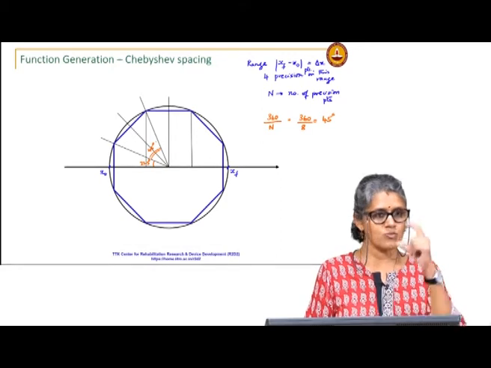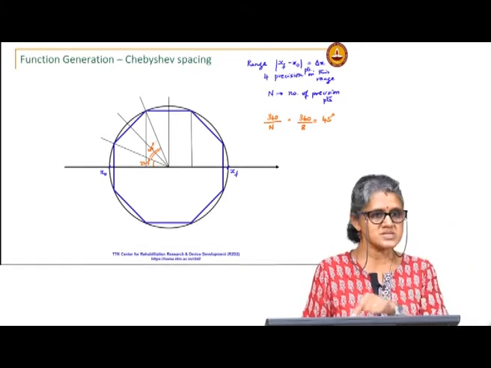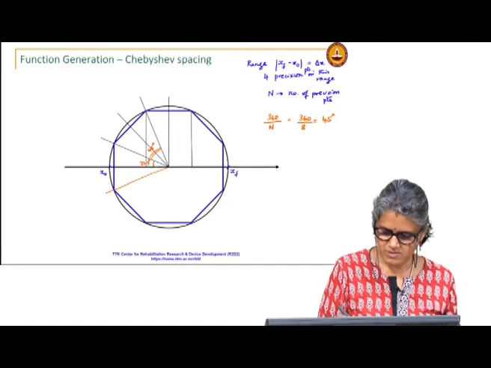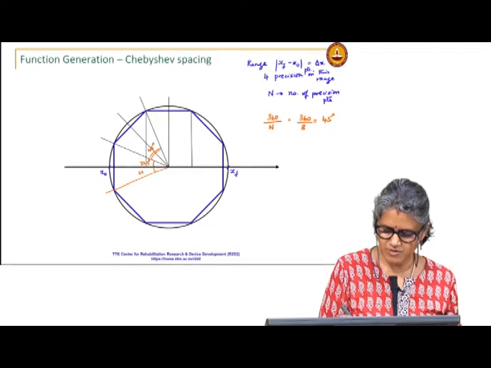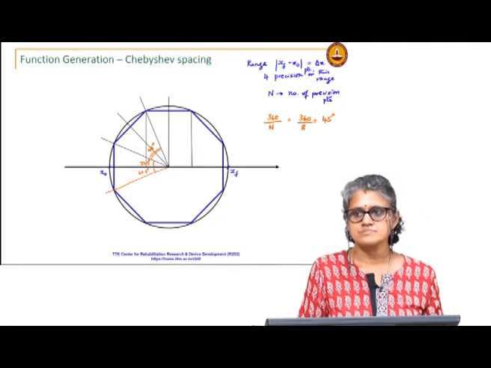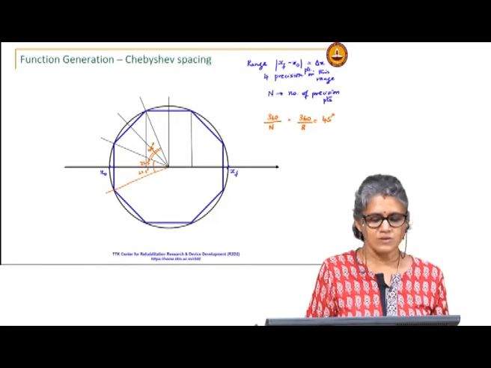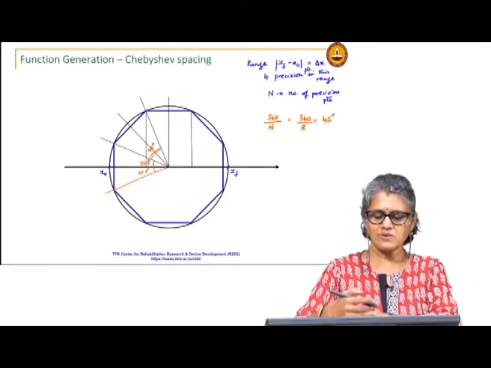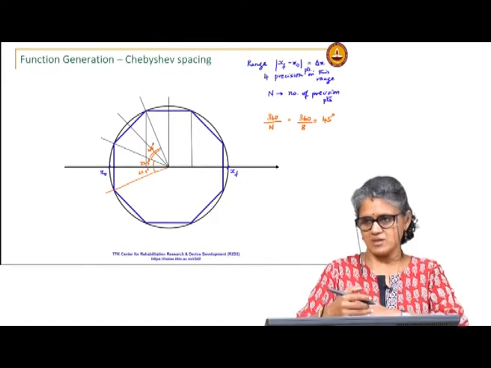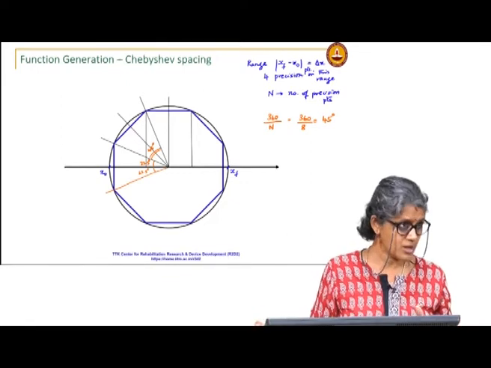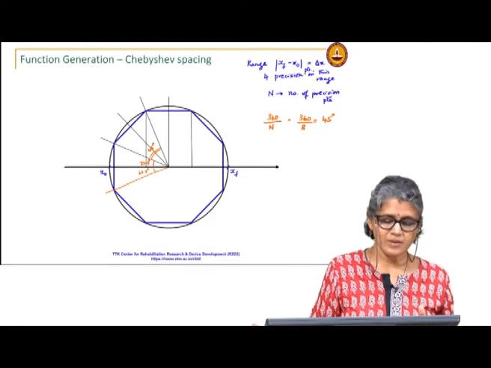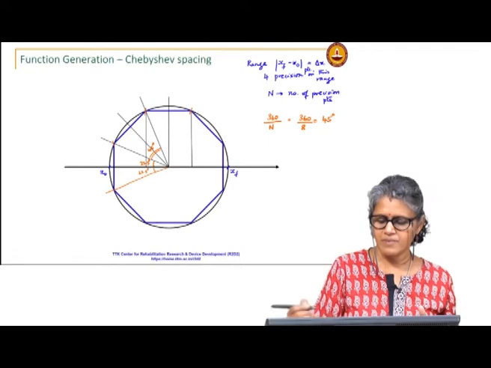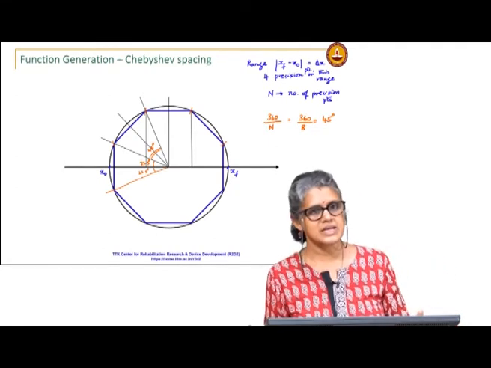So I can determine the side of the polygon by constructing this. Typically you only need to construct half of the polygon, not the full polygon, since I know the length.